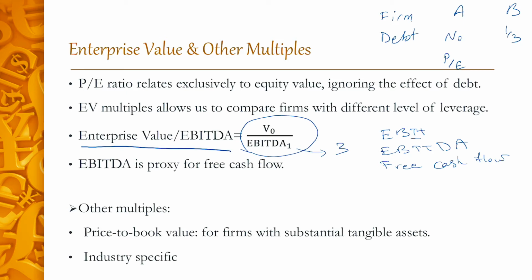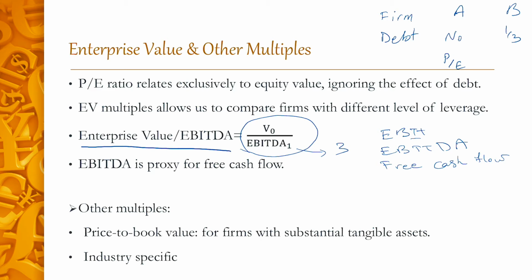If you remember, price to book value is equal to market value of equity divided by book value of equity. This valuation is most useful if we are valuing or comparing firms in an industry that have substantial tangible assets.